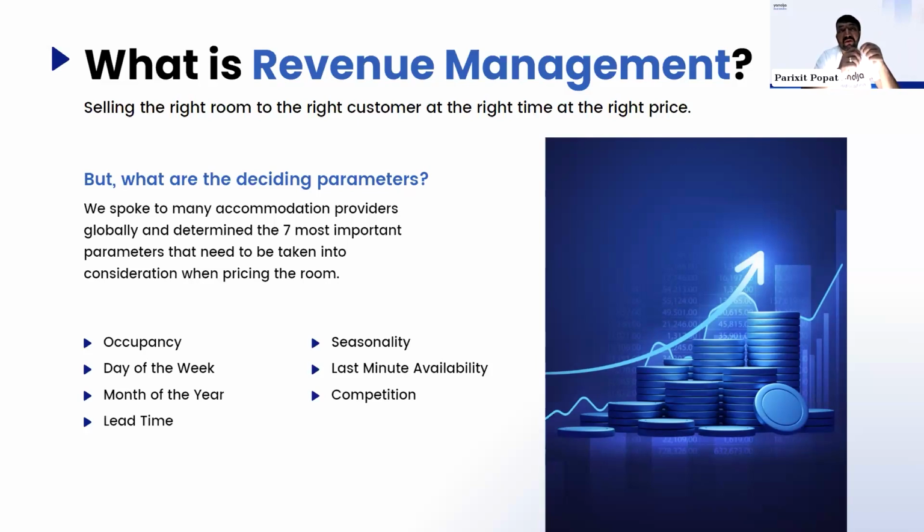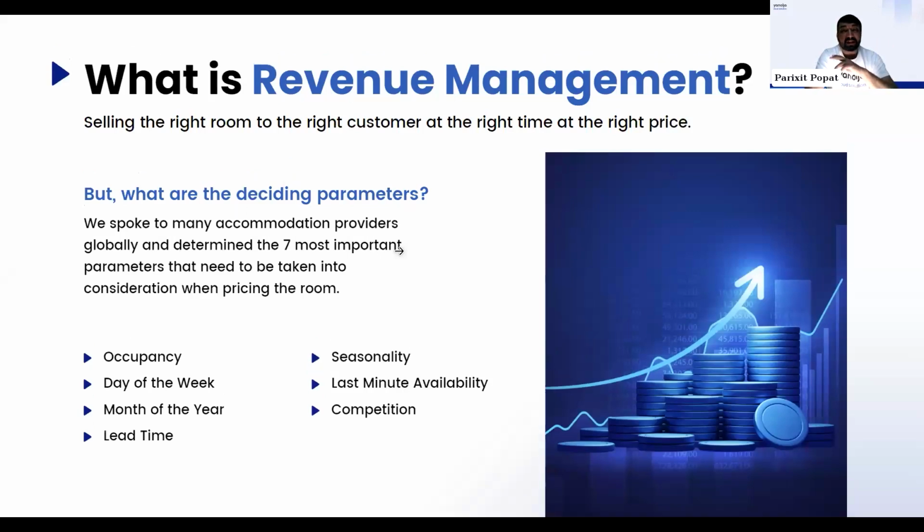Nobody is going to wait for 4 o'clock in the evening or 10 o'clock in the morning to reach out to the hotel and ask for availability for a date, because it is available through different OTA platforms and the hotel's own website. So what is the right time? What is the right price? All those things come into consideration right now when we are doing pricing.